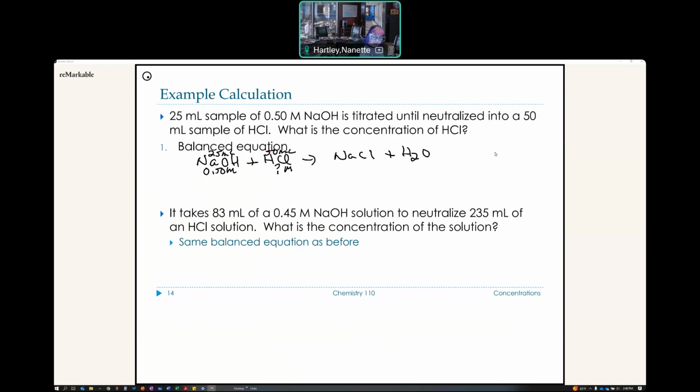Notice I've taken all of that information out of this question, and now I can work with what I've written down here. I start with what I know. I always start with what I know the most about. And I always do the volume first, 25 milliliters. Do my unit conversion, 25 milliliters, 1,000 milliliters per 1 liter.